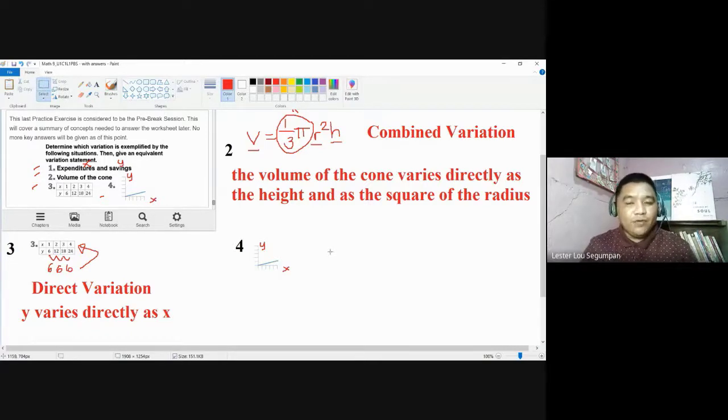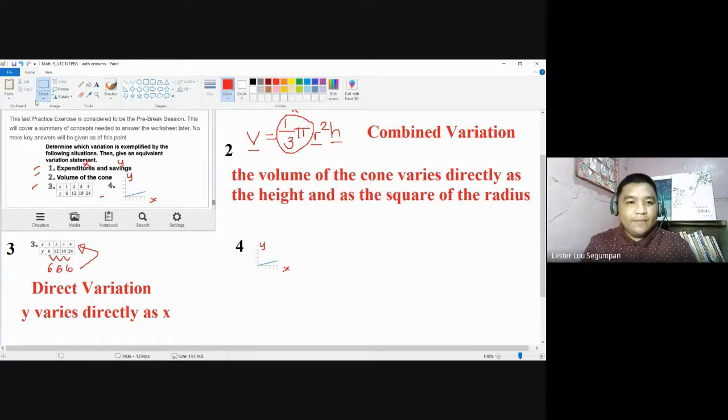As for number four, the graph goes up: as x increases, y also increases. So we are down to two, direct or direct square variation. There is a distinction between the two. Direct variation is a linear graph. Direct square variation is a parabolic graph, meaning it's a curve, curvy.